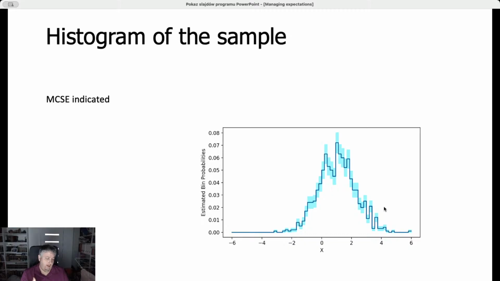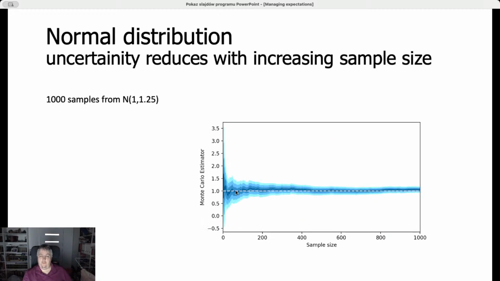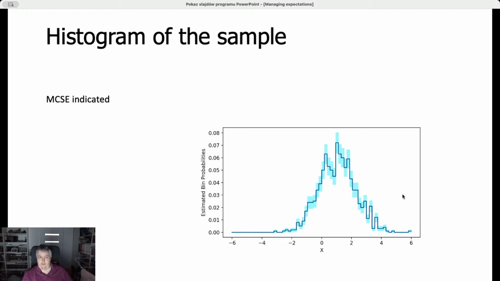And because the expectation is an average, a sum of samples taken from the same distribution, it falls under the central limit theorem, and the central limit theorem in this case gives us the standard deviation, or Monte Carlo standard error to be precise, of each of those estimates. So this is our estimate of the normal density that we've discussed here, the normal density with a mean at 1 and a standard deviation of 1.125.